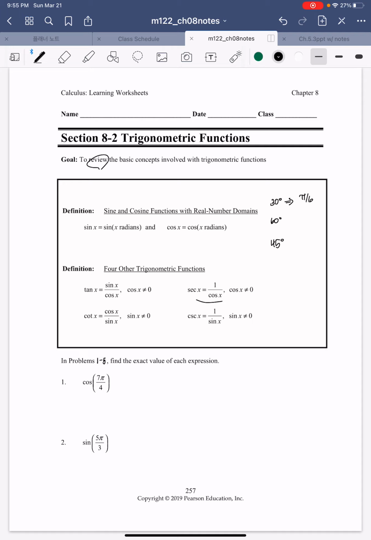This one I already memorized because it's a very well-known angle, but you can also use a conversion factor. You should also know that 60 corresponds to pi over 3 radians and 45 is pi over 4.